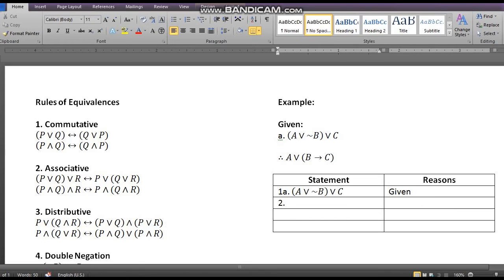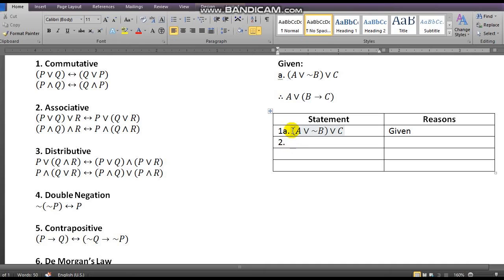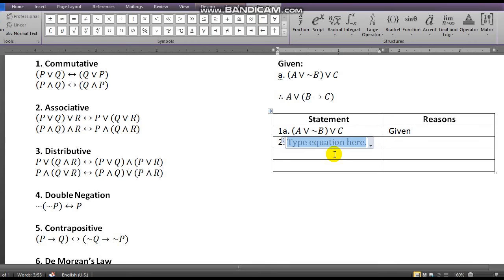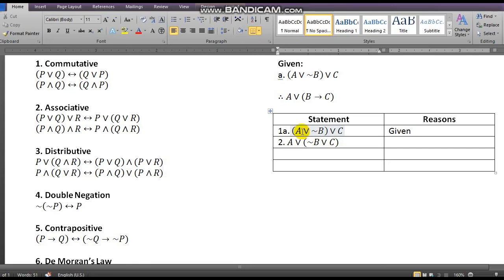For statement 2, what we're going to do is we'd like to prove this one. So A or B implies C. So as we can see here, what's grouped is A or not B. Then the C is separated here. We can move the parenthesis in order to cover the not B or C. So we can have our statement as A or not B or C. We move the parenthesis to cover A or not B into not B or C. So that will be our statement number 2.